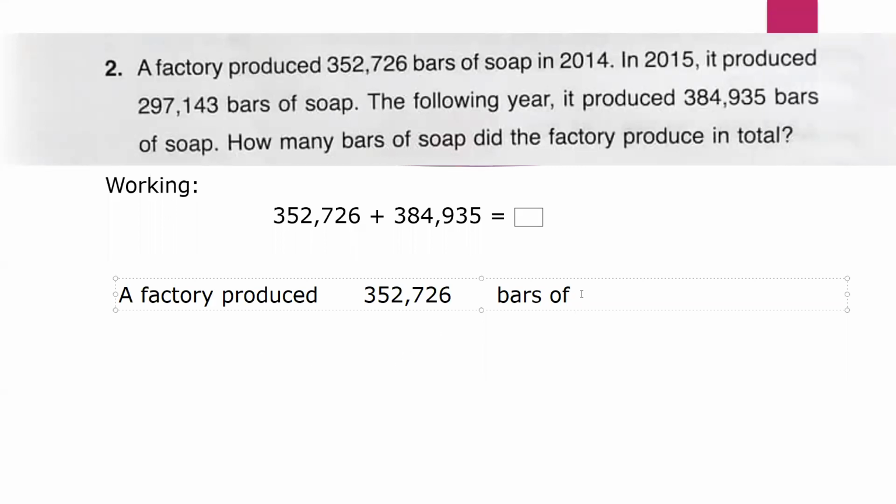Bars of soap in 2014. So that's 1 point. So 2 points now, because number sentence 1 point, second line 2 points. Okay, next.